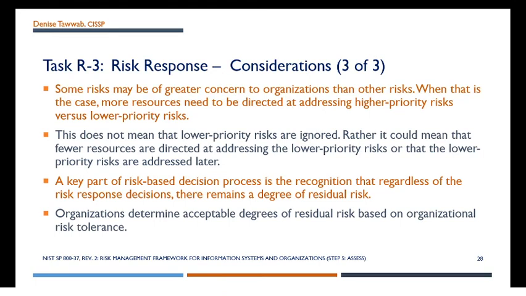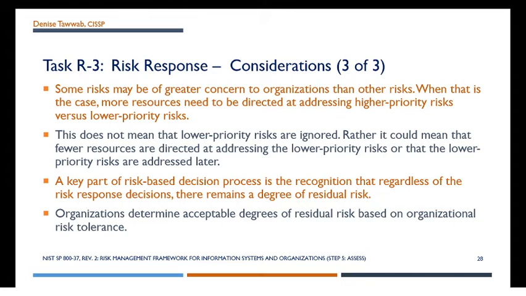Some risk may be of greater concern to your organization than other risk, and when that's the case, more resources need to be directed at addressing the higher priority risk versus, of course, the lower priority risk. This doesn't mean that lower priority risks get ignored. Rather, it could mean that fewer resources are directed at addressing the lower priority risk, or that the lower priority risks are scheduled to be addressed later.